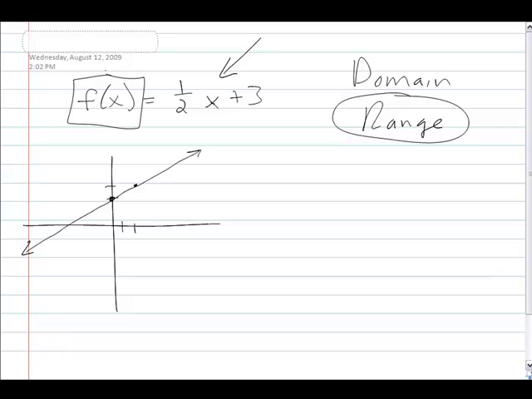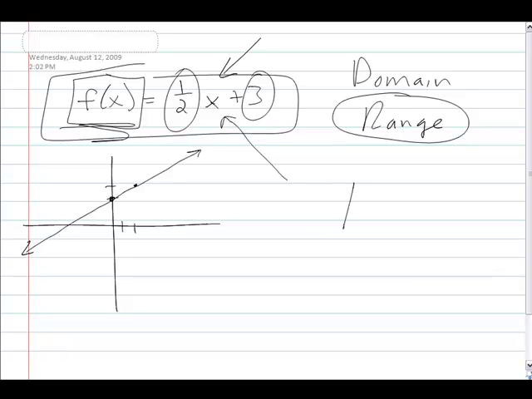And the answer is no. You can take any number, multiply it by 1/2, and then add 3, and you'll still get an output. So the domain for this function is going to be all real numbers. Or if you wrote that in interval notation, which we've covered before, it would be negative infinity to infinity.